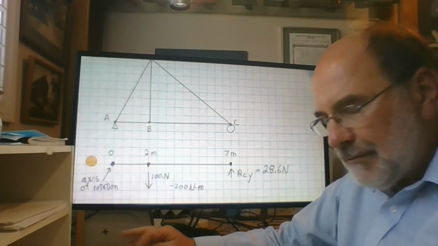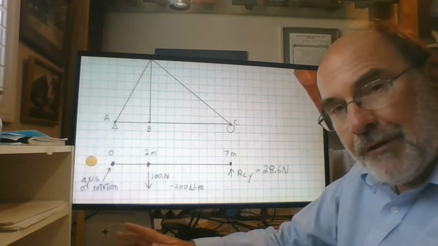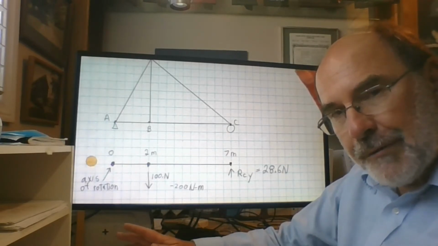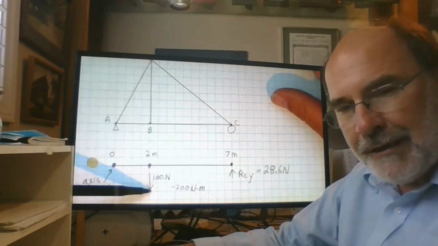Great. Well, now you should be able to do the last part that says the sum of all the forces in the vertical direction have to add up to 0. I have a load of 100 newtons going downwards.